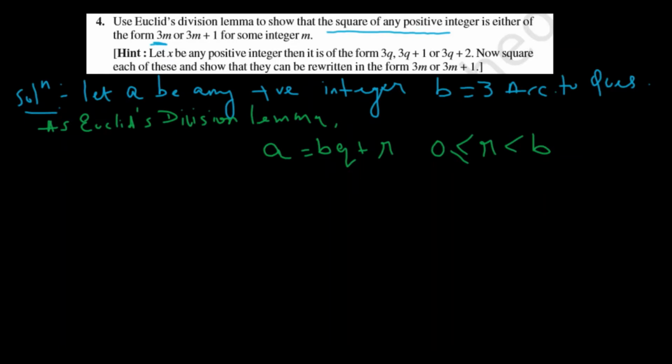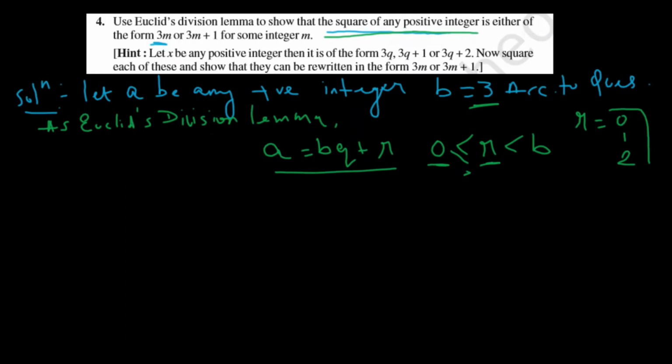So what are the possible values of r? r equals 0, 1 or 2. A number less than 3, ranging from 0, because it can be greater than or equal to 0. So now substituting all the values in the given equation, we will try to prove the given question.